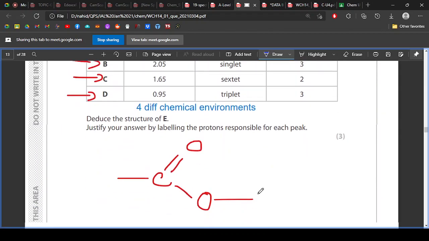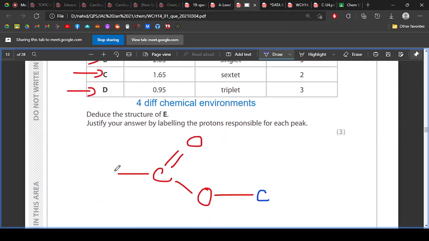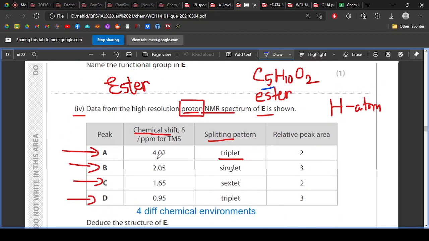So let's attach a carbon here and a carbon here. Now we don't know if this is correct, okay? I'm just guessing at this point because it could be that all carbons are on the right side or all carbons are on the left side. However, if you remember this chemical shift 4.02, we found out that it was due to a hydrogen which was joined with a carbon that was joined to an oxygen single bonded.